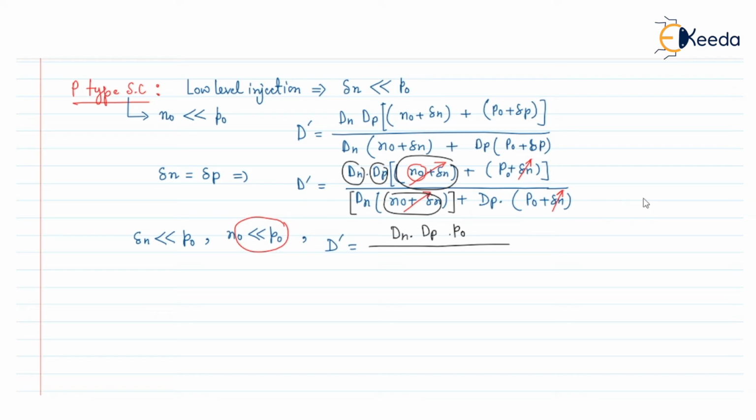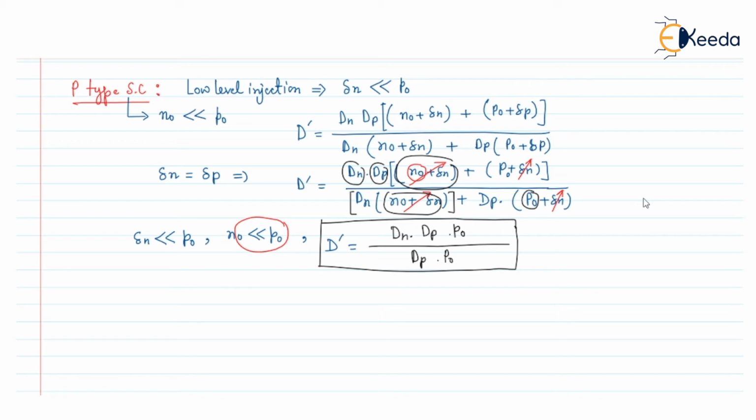So we will have only dp and this p0. So this is the diffusion coefficient, or ambipolar diffusion coefficient value, for the p-type semiconductor.